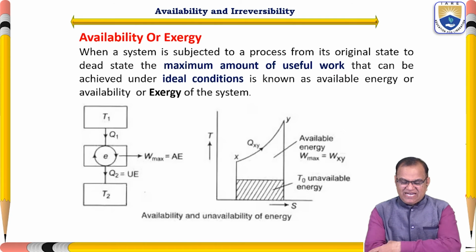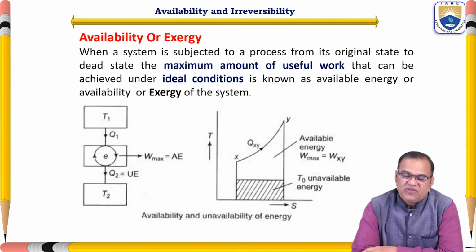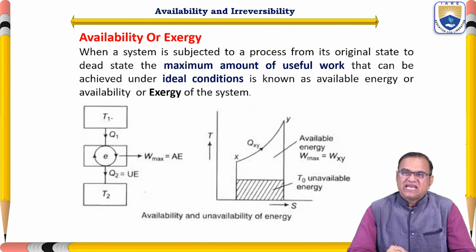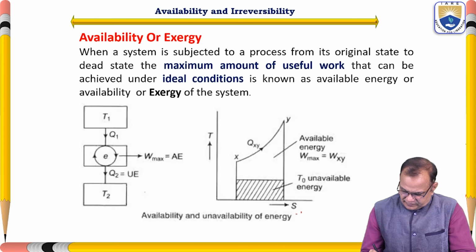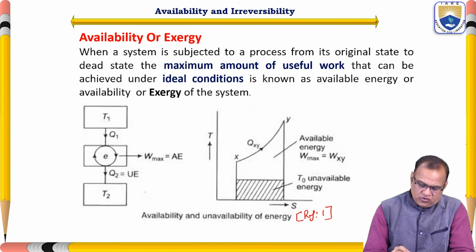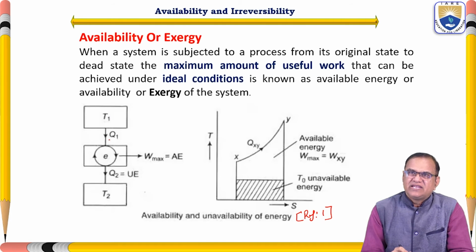So here we can see that we have one heat engine. It is at T1, then Q1 heat is absorbed from here, going to the engine. This is the reversible engine.